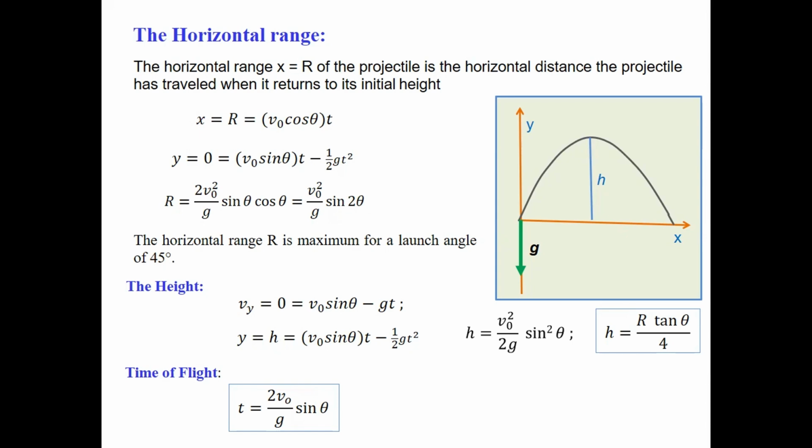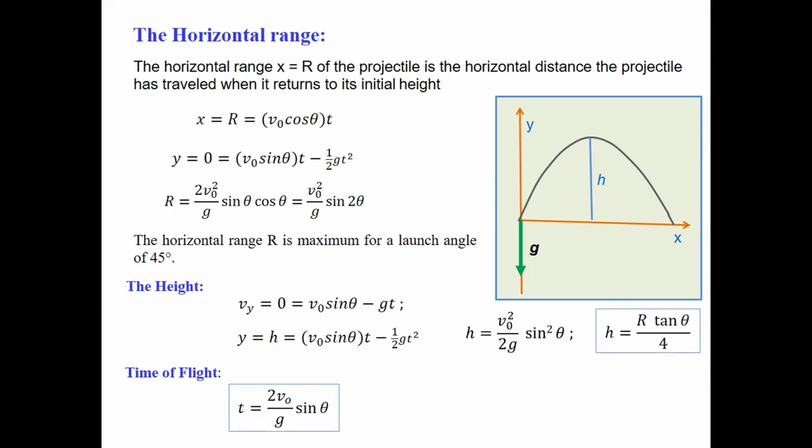So in this case, for a projectile motion in which a ball is thrown at a certain angle with some velocity v naught, the ball reaches a maximum horizontal distance of r. It goes to a height of h.